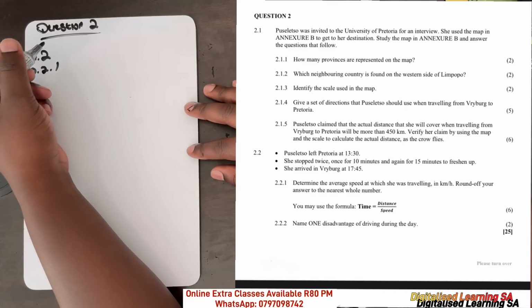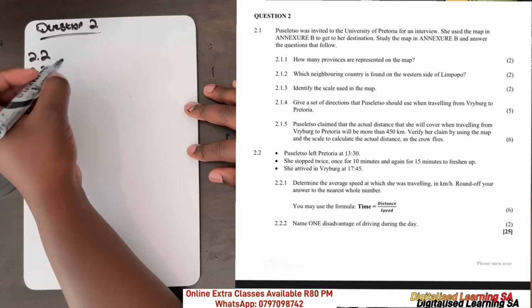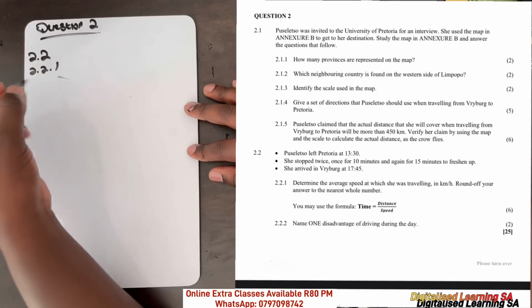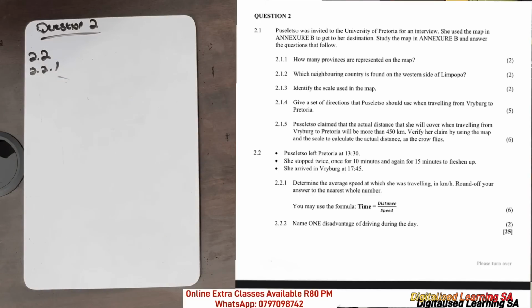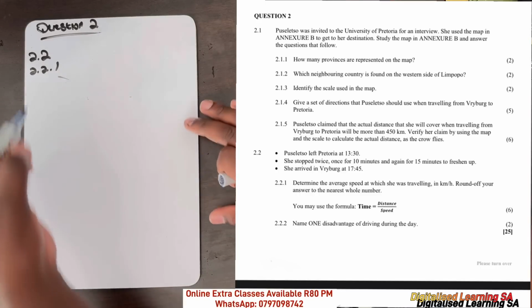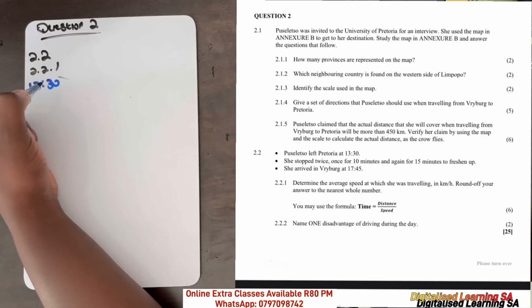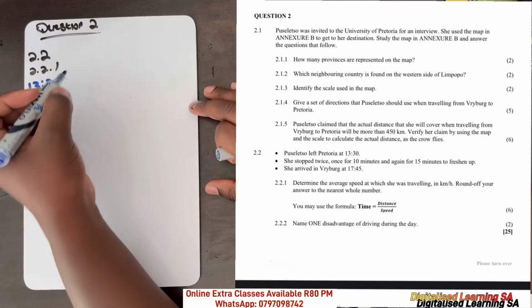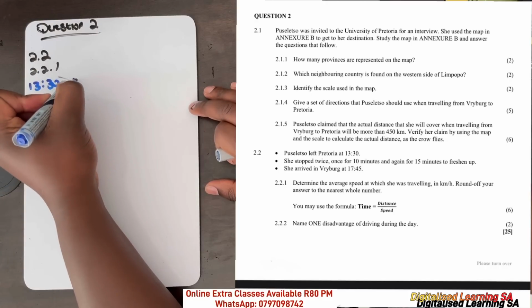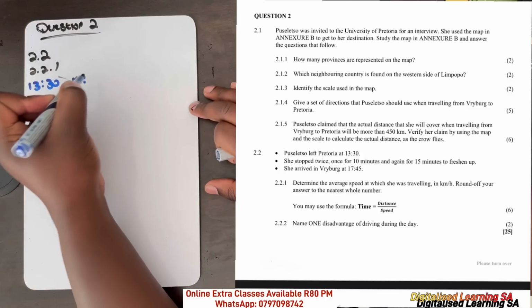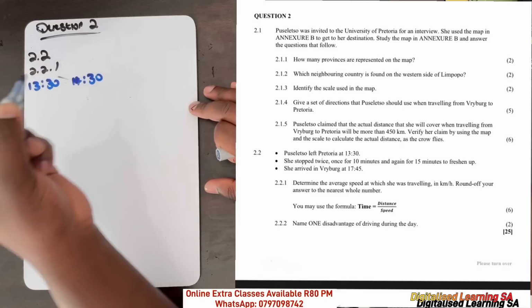She left Pretoria at 1:30, so this is the time that she left. Let's use a different marker. So it's 1:30, and then we will have 2:30, so that we can calculate the total hours she spent on the road.